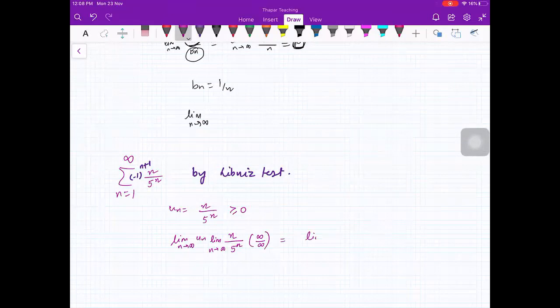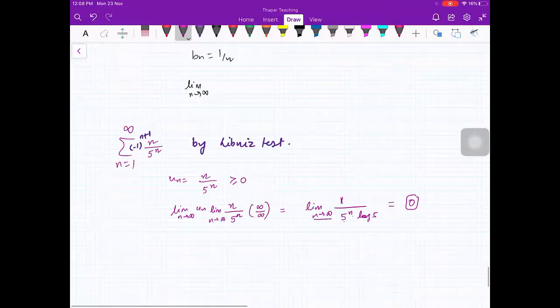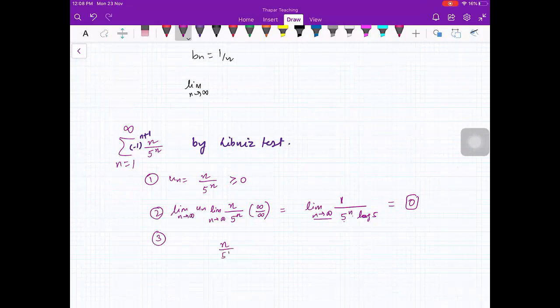So just take limit n going to infinity, L'Hopital rule, 1 upon 5 raised to power n log 5. Yes, ma'am. So this is 0. N infinity, 5 raised to power infinity is infinity. So this is 0. And is it decreasing? First condition, second condition, third condition. Is it decreasing? You have to check.